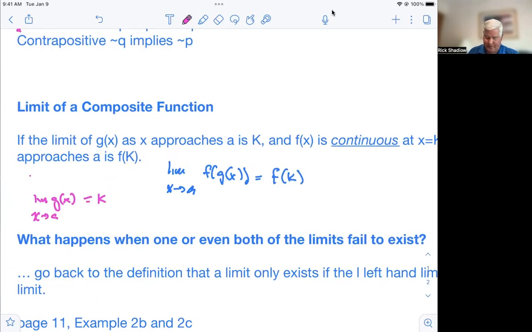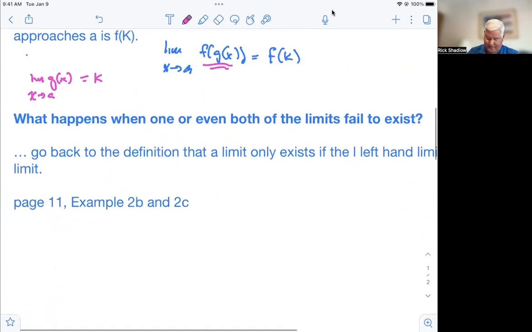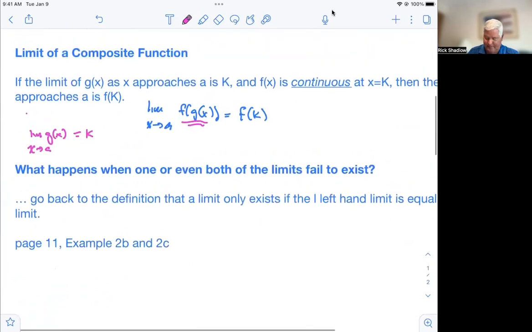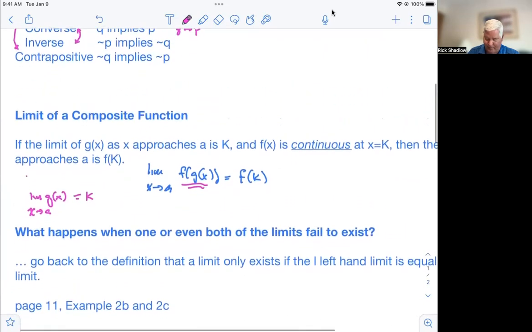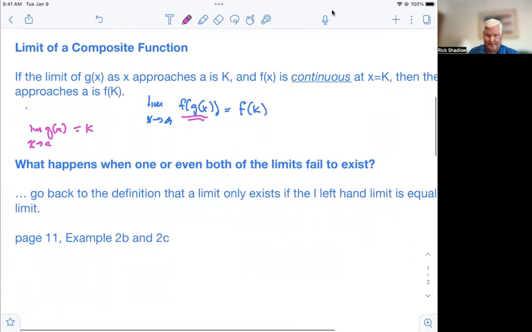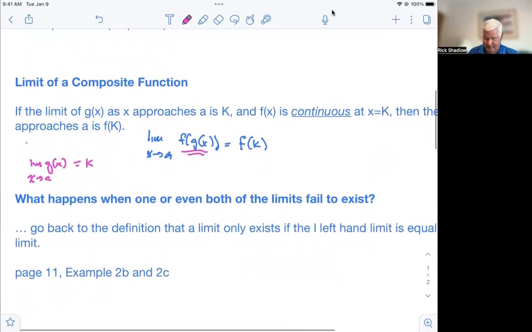If so, then the limit of the composite function is the function evaluated at k, f of k. The question that would probably come into play is, what happens if one or maybe even both of my functions fail to exist? That gets a little bit into some things I want to do in the classroom for you when I come back this fall.